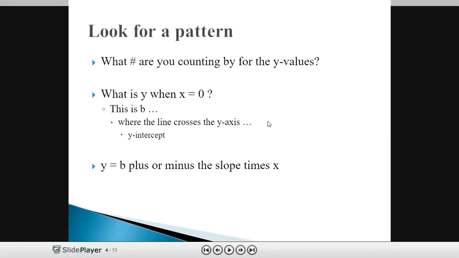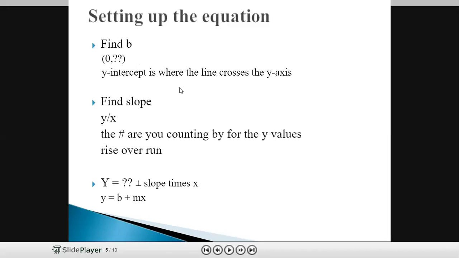This one I'm going to show you how we are going to form the equation or function. Find b. For any question, setting up the equation, how are you going to form the equation?